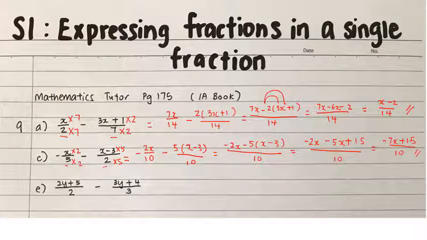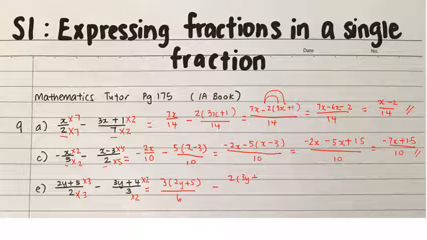Last one. Again, look at the denominator. Common multiple, 6. Times 3 to the first fraction, times 2 to the second fraction. And I will have 3 times of 2y plus 5 over 6 minus 2 times of 3y plus 4 over 6. And combine the fractions together.